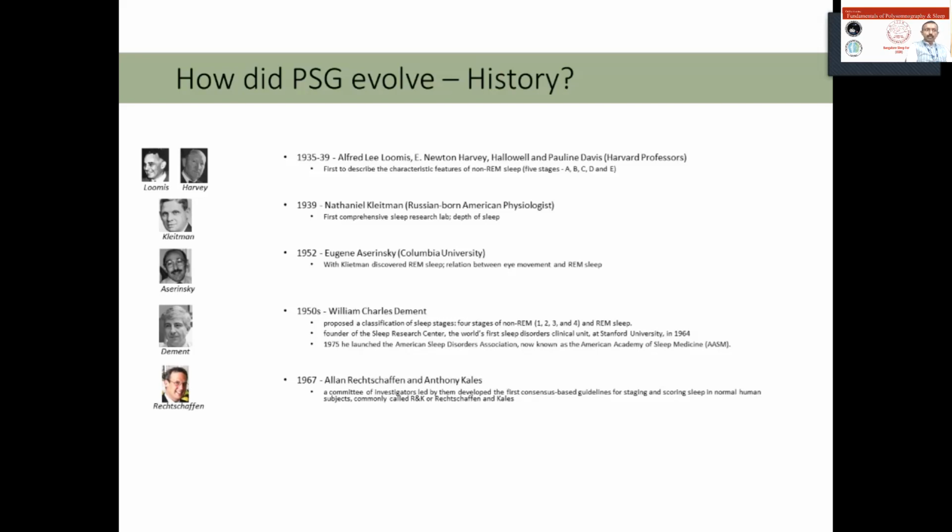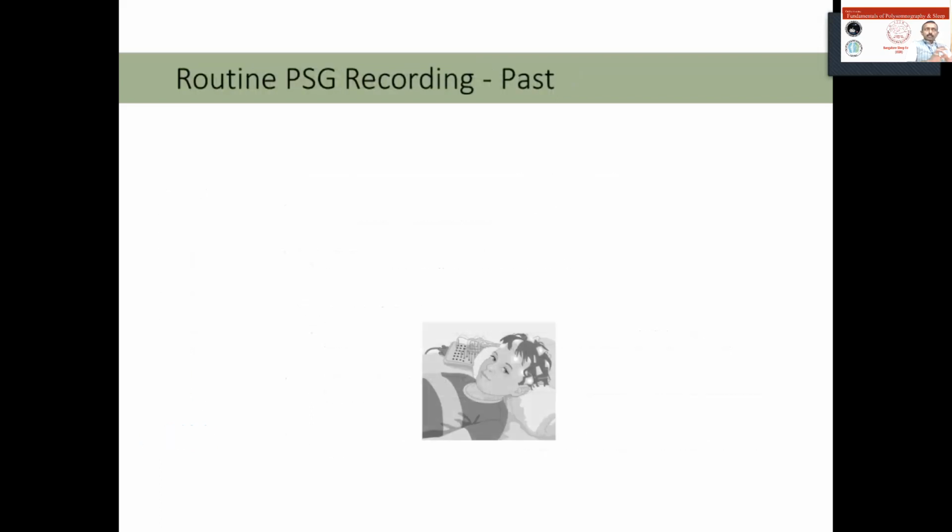Though it's currently not widely used, there are still labs which continue to use this scale. And since 2004, we have the American Academy of Sleep Medicine, which has been giving the guidelines for sleep staging. Now, annually they revise the scoring criteria. So that's regarding the history of sleep stage classification.